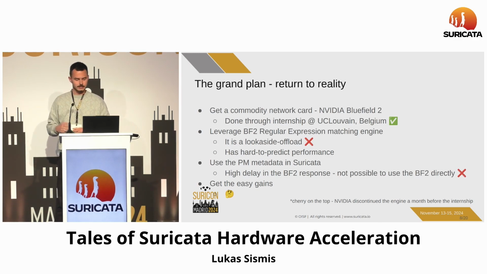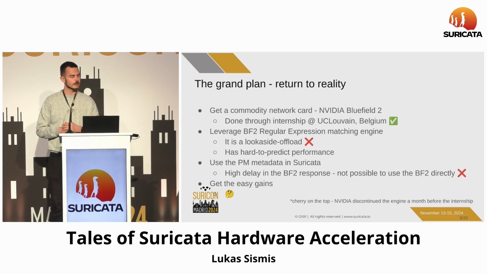It also has hard-to-predict performance. The promised throughput of this RegEx matching engine was 40 gigs, but as we found out, it varied in different environments, for instance with a different number of rules. With different rules, it may also have varied.